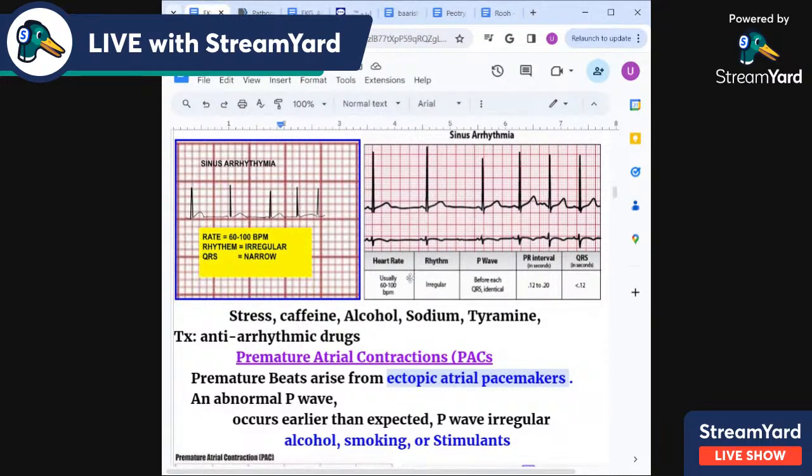So the rate is 60 to 100 beats a minute, a normal rate, but the rhythm is irregular. P wave is present before each QRS, and the QRS is less than 0.12 second.